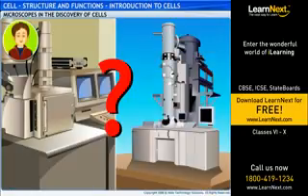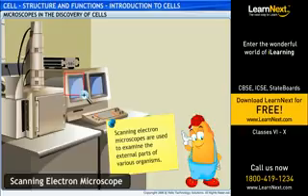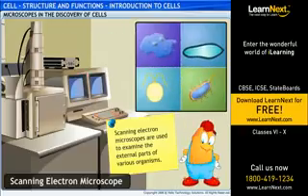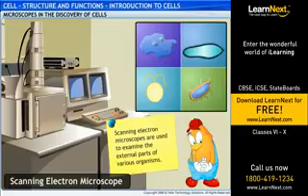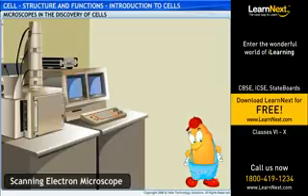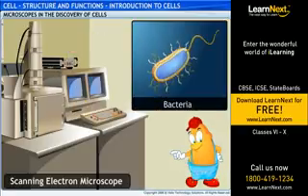What about electron microscopes? Scanning electron microscopes are used to examine the external parts of various organisms. For example, the surface structure of microorganisms like bacteria can be observed through a scanning electron microscope.